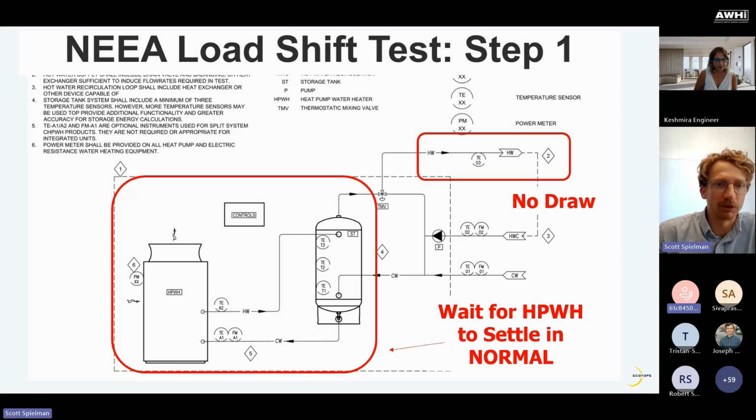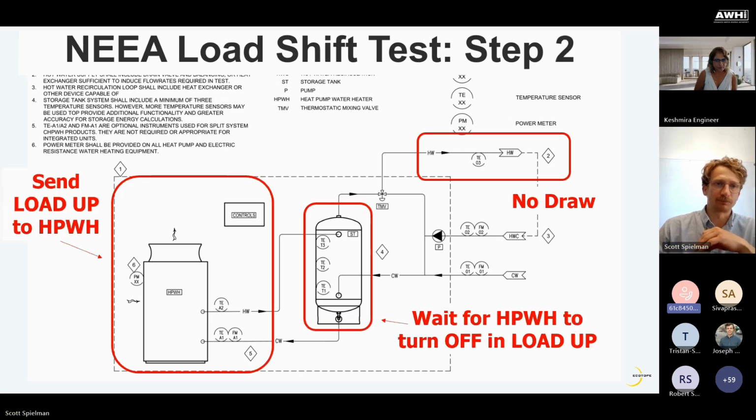So this is how it works. You would wait for the heat pump water heater to stop running in a normal setting, so no request for shed or load up, with no draw on the system. Step 2 is you send a load up command to the system. No draw, you let the storage fill up to where the system would turn off in a load up state.